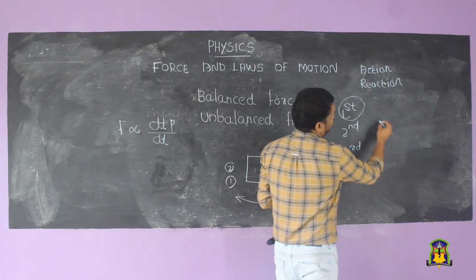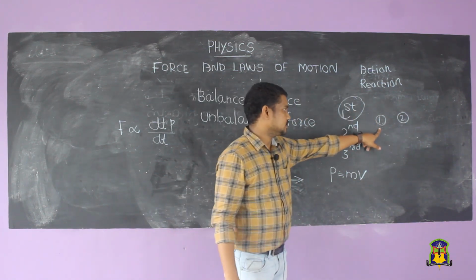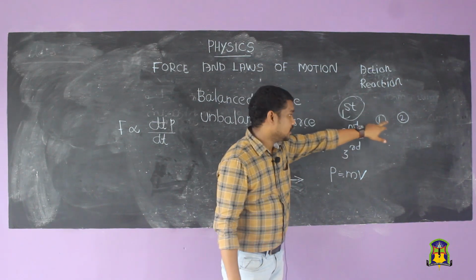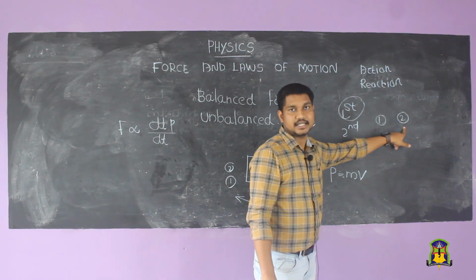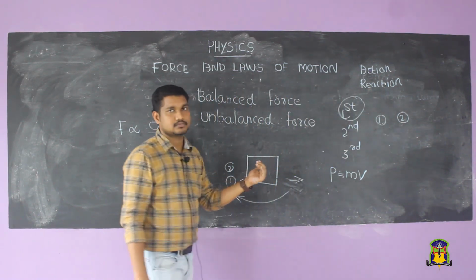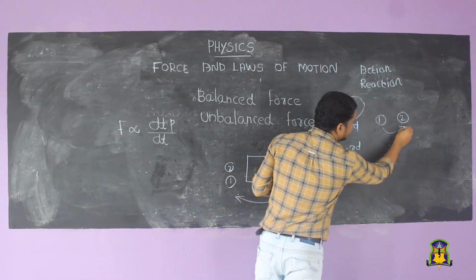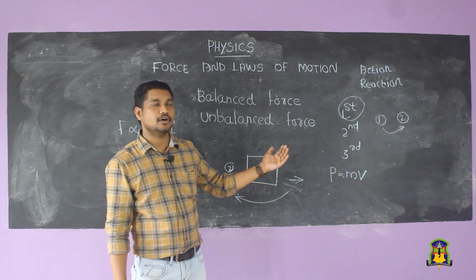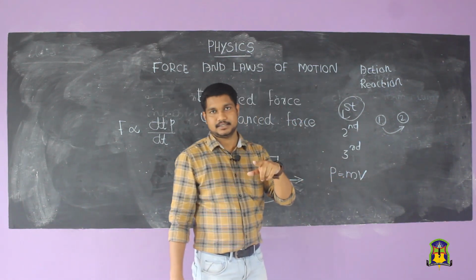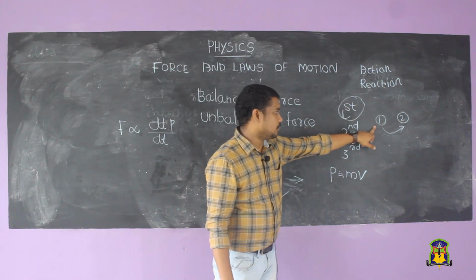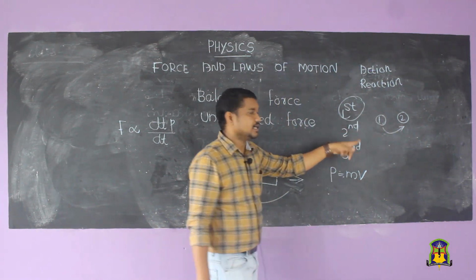Here also I will consider two objects, and I give them the names 1 and 2. Clear? One represents the first object and two represents the second object. And what is action? Action means the first body exerts a certain amount of force on the second body; that is called action.